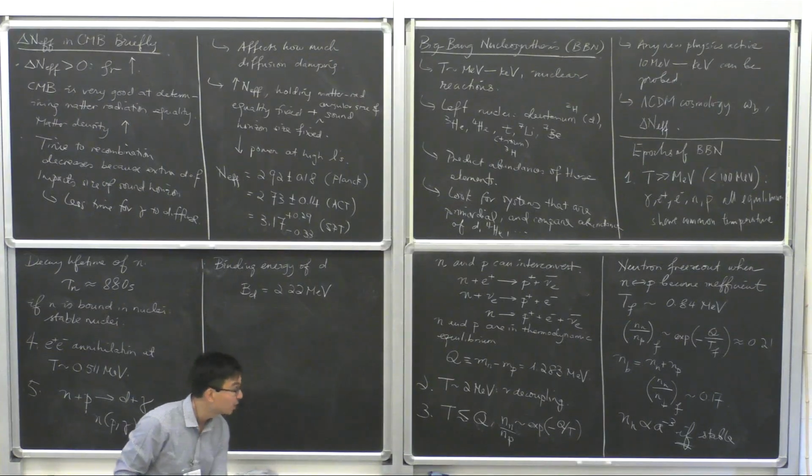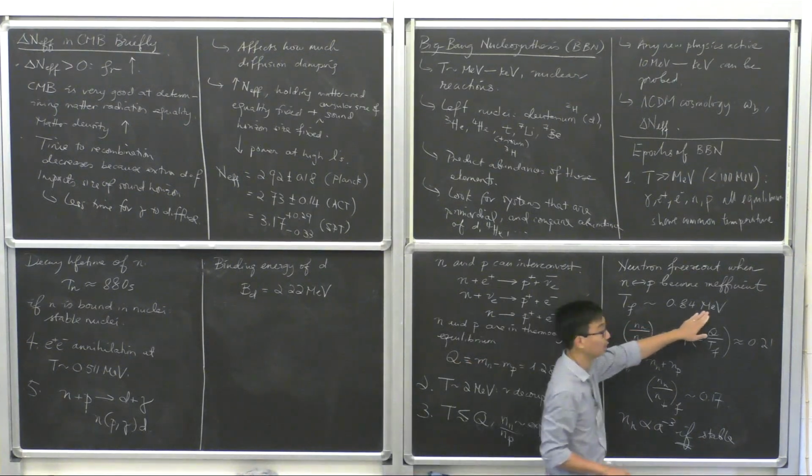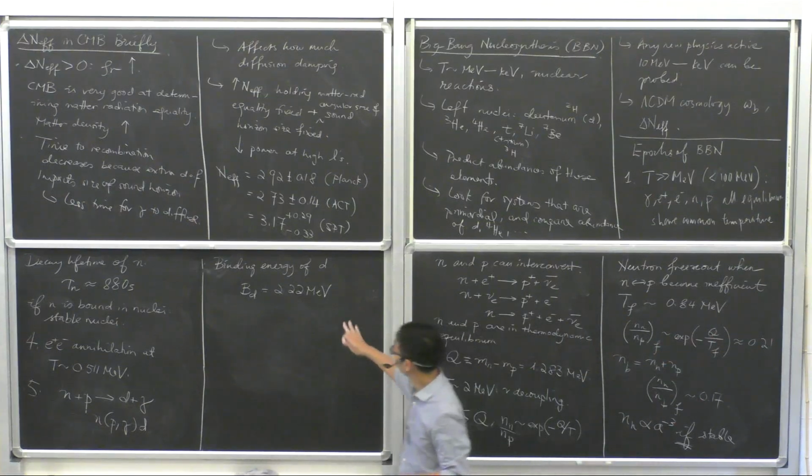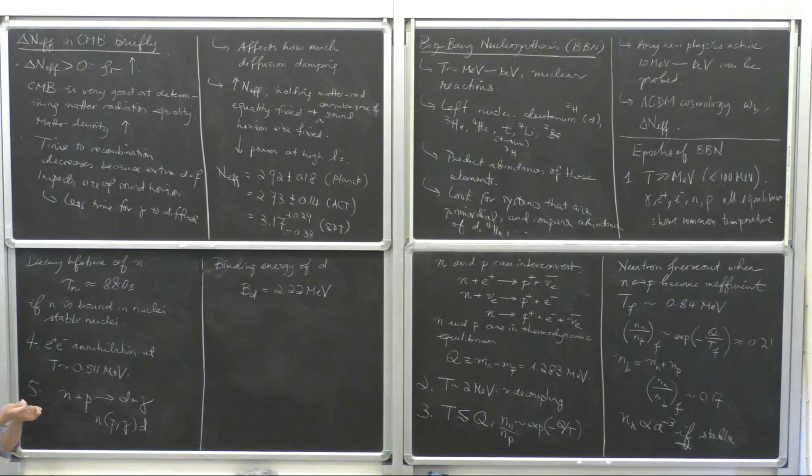That's great. After freeze out, T is roughly 0.84 MeV. I'm below the binding energy, so I should be able to form a deuterium nucleus without any problems, right?